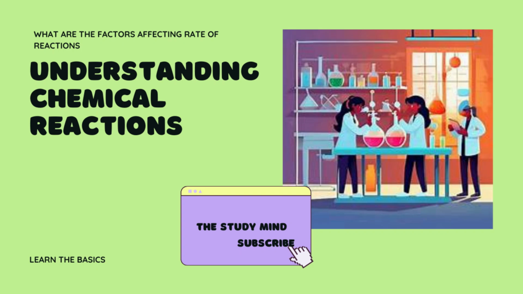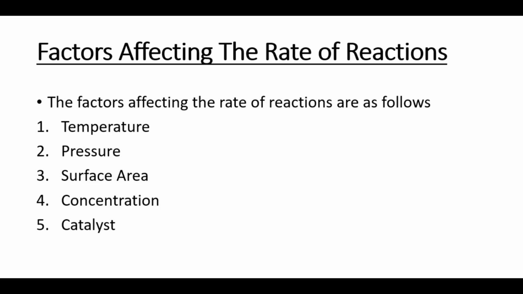In the last video, we talked about the rate of reactions, and in this video, we will discuss what factors affect the rate of reactions and how they affect it. So let us begin. The factors affecting the rate of reactions are as follows: temperature, pressure, surface area, concentration, and catalyst.